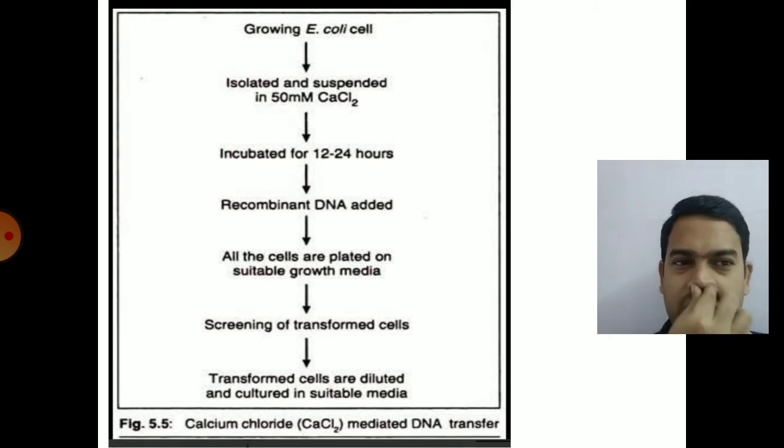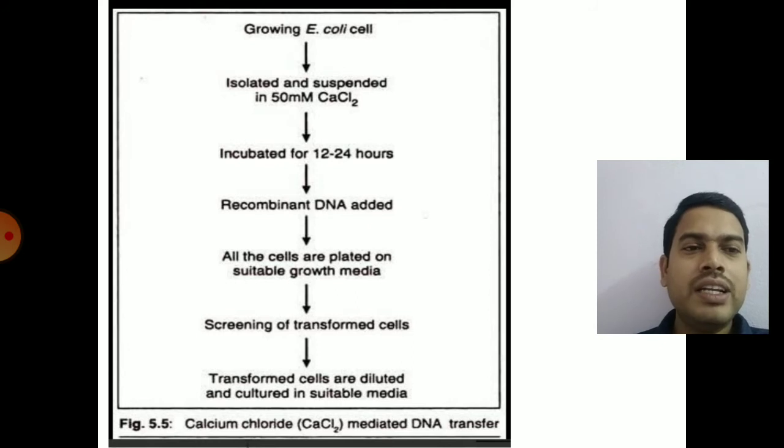I have told the process of screening methods in the previous classes. If you are using a vector, then you can screen the bacterial cells by antibiotic resistance markers like ampicillin, tetracycline, etc. So the calcium chloride, vector and bacterial cells are incubated in liquid broth, and then these bacterial cells are inoculated onto a solid medium containing the antibiotic.